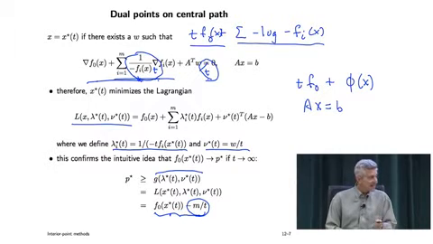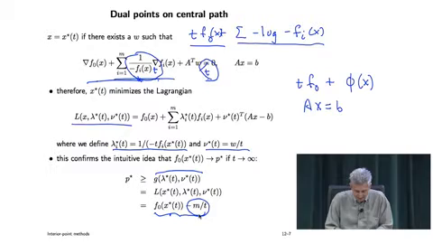And the associated gap between the upper bound on the objective value, which is f0 of x star, and the gap, which is g of lambda star, nu star, the difference between those two will be exactly m over t. Okay?